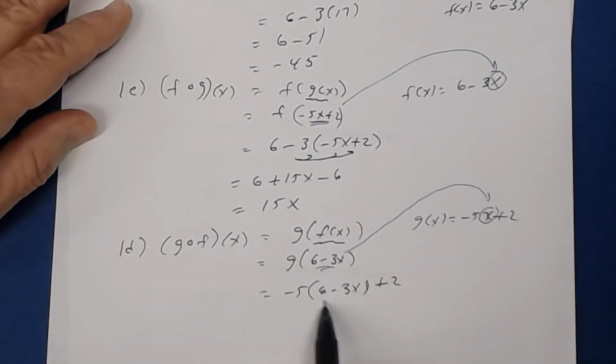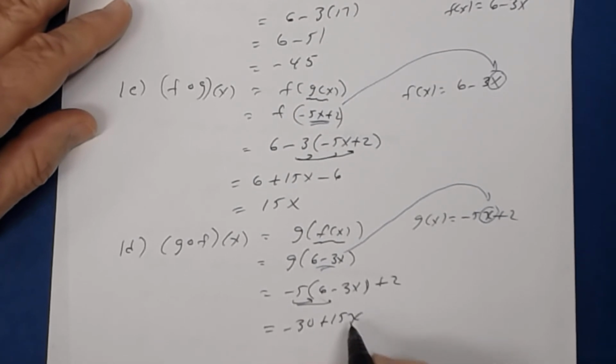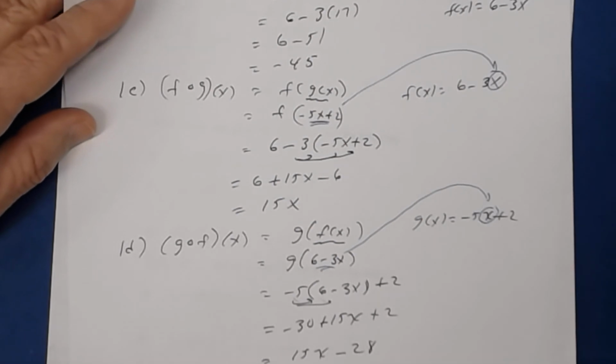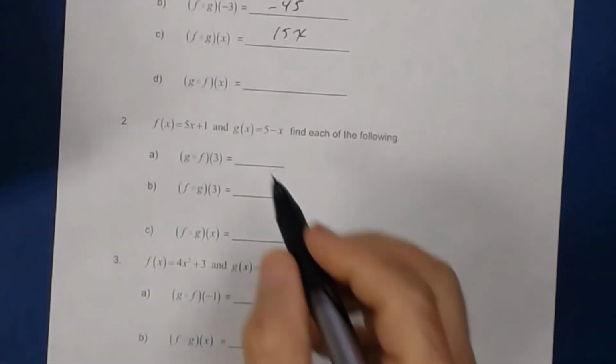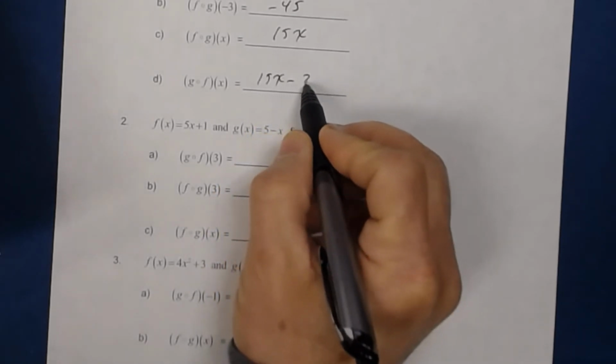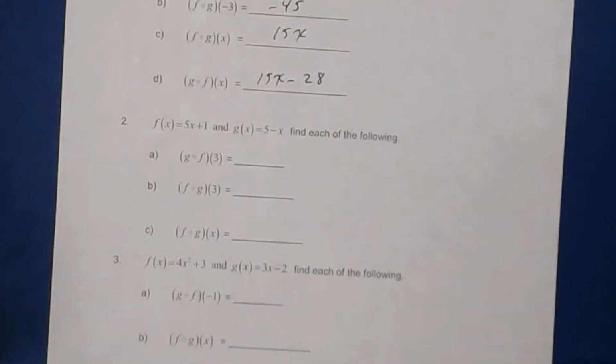All right, so negative 5 times your substitution plus 2. Okay? Distributing, I get negative 30 plus 15x. Negative 5 times negative 3x is a positive 15x plus 2. So putting this in descending order, I'm going to get 15x minus 28. So that's 1D. So 15x minus 28. All right?